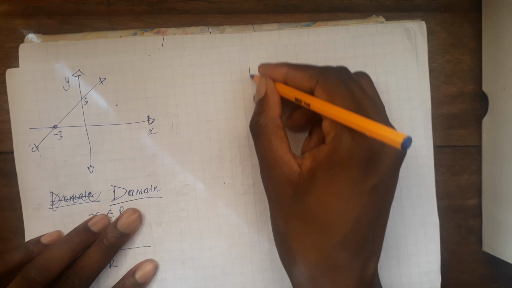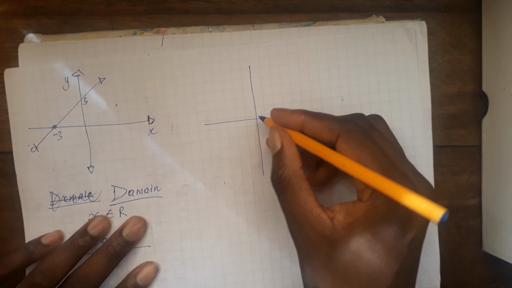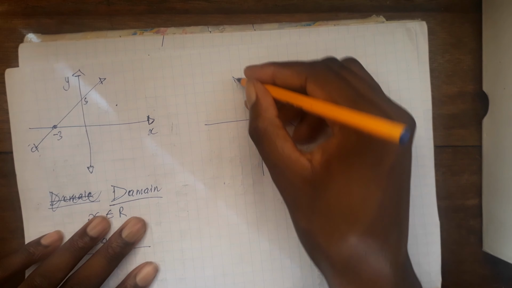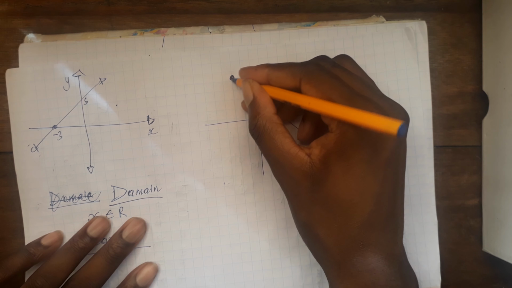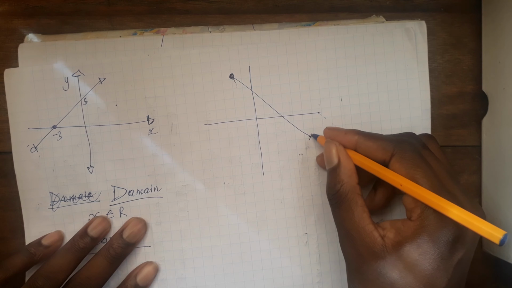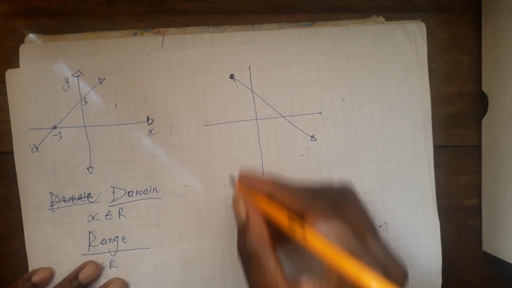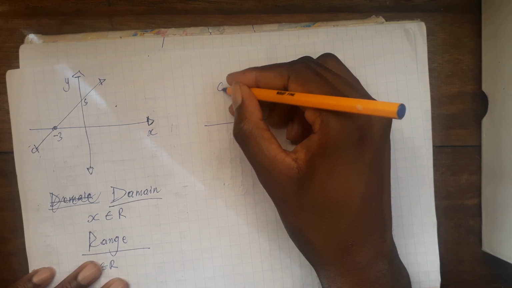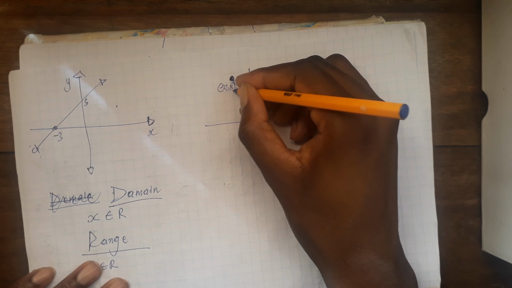Suppose you have a function like this, and they give you something like this, and they put a circle here, and then an arrow here, and then they say this point is -2 and 8.